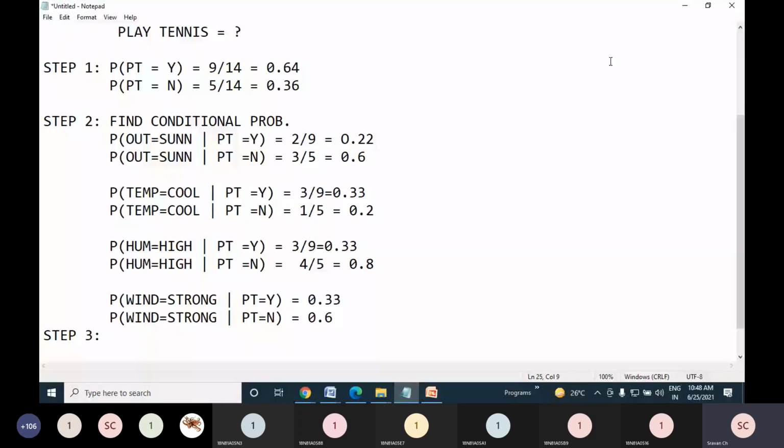Now what I need to find is probability of yes is equal to probability of whatever outlook equal to sunny, whatever calculations you have done, into probability of cool, probability of high, all parameters, individual calculations which we have done, probability of wind equal to strong, into overall probability, into PT of Y.